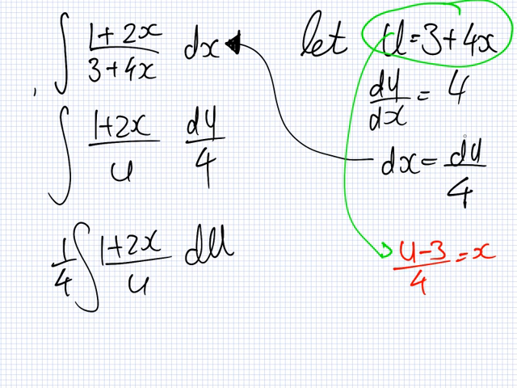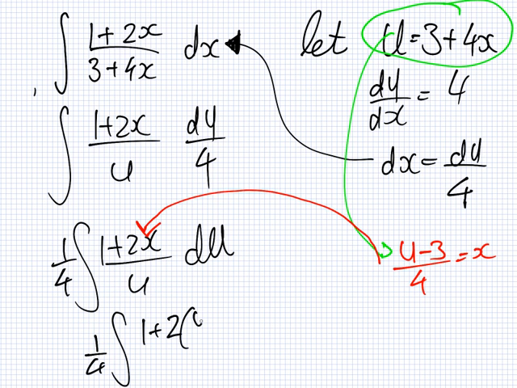And you can put that in here for the x, fixing your problem. A quarter of the integral of 1 plus 2 times u minus 3 over 4, all over u, du.